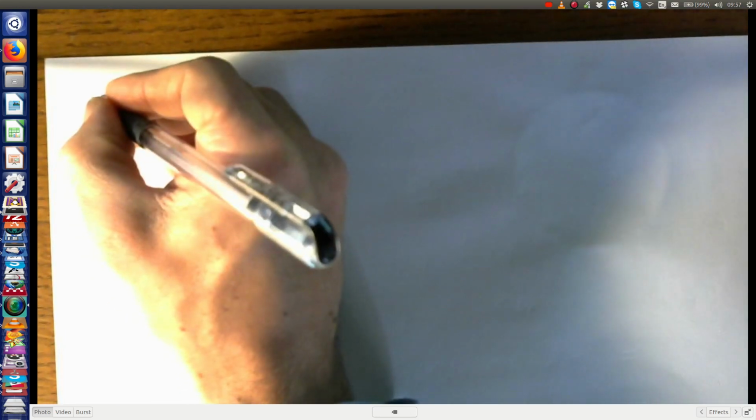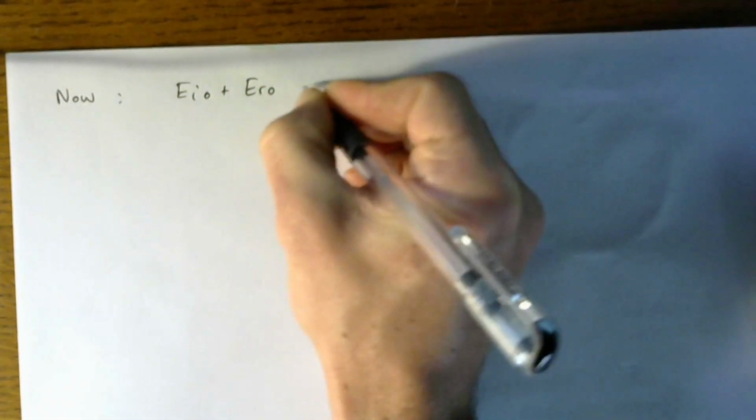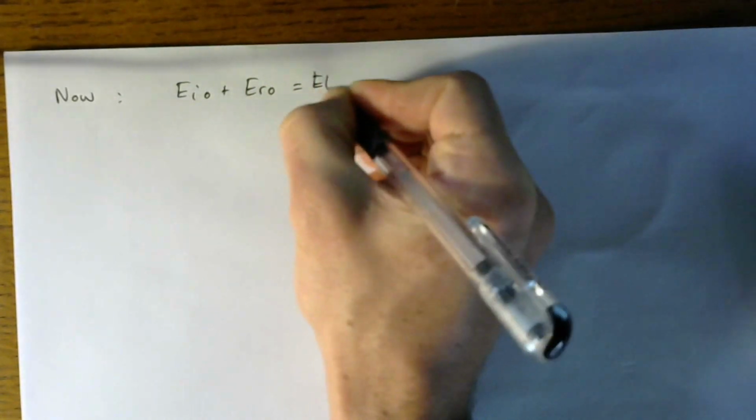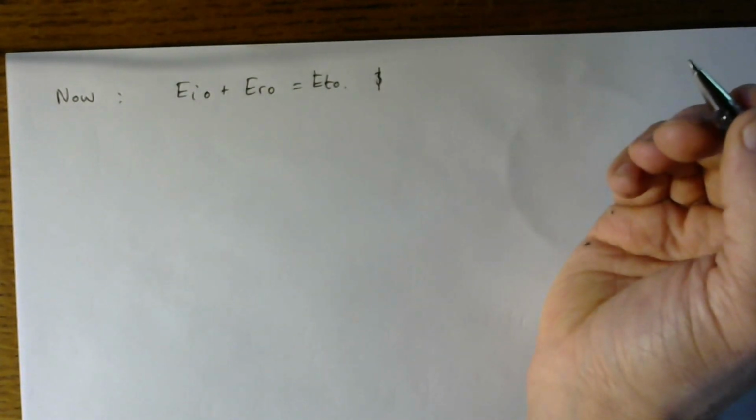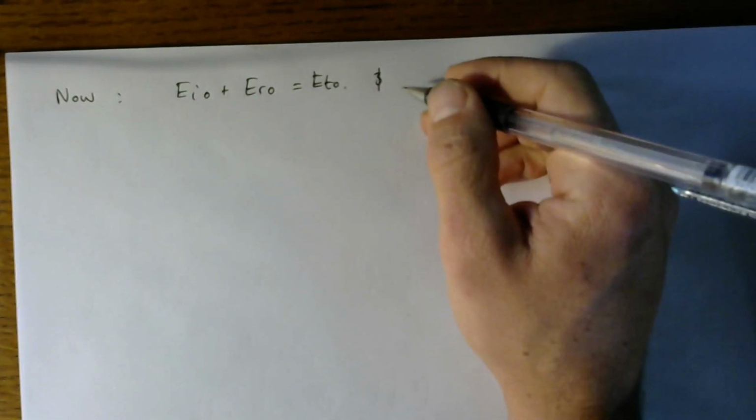Okay. So essentially, what do we have? Now we have two equations. We have EI0 plus ER0 is equal to ET0. This came from the tangential electric field continuity at the interface where z is equal to 0.